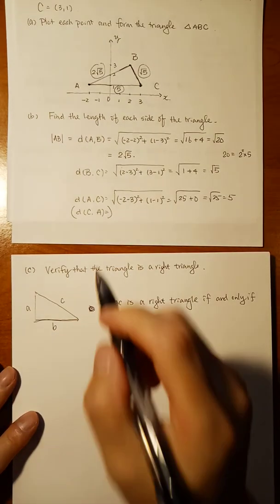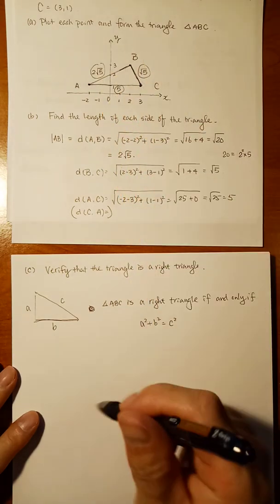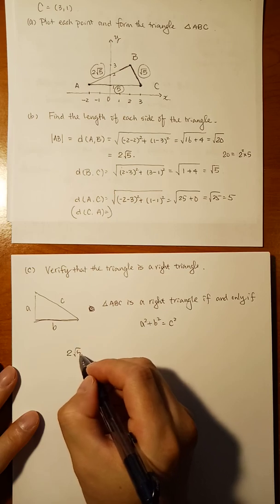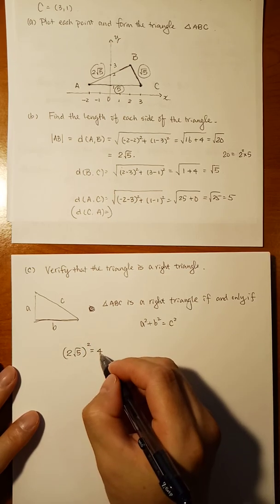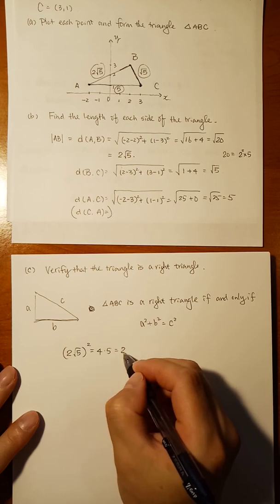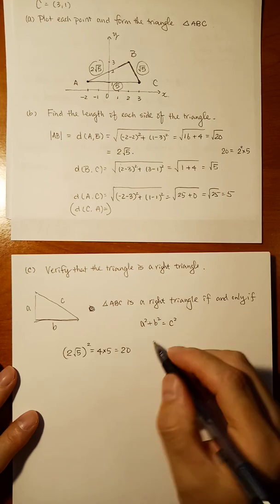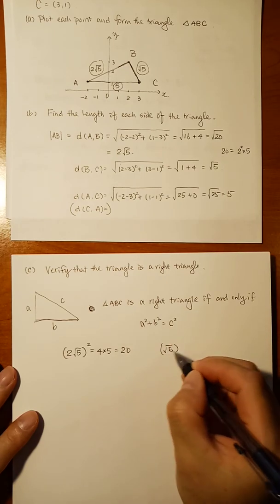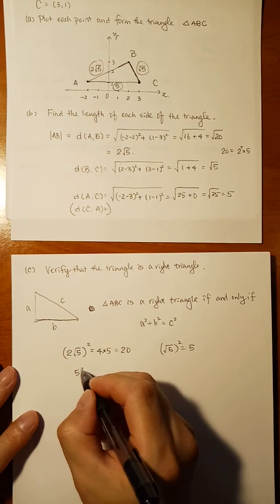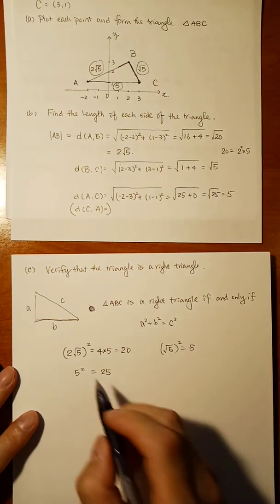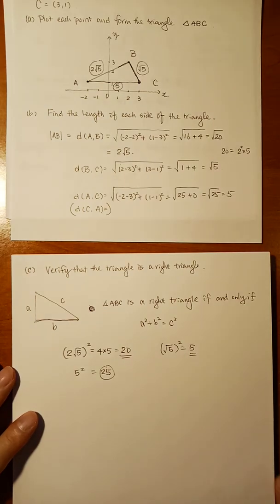Okay, so now we have 3 sides. Let's check. You have 2 square root of 5 squared. 2 squared is 4, square root of 5 squared is 5. It's 4 times 5, which is 20. And this part is square root of 5, and then squared is 5. The third side squared is 25. So you see here, this 25 is exactly the sum of 20 and 5.